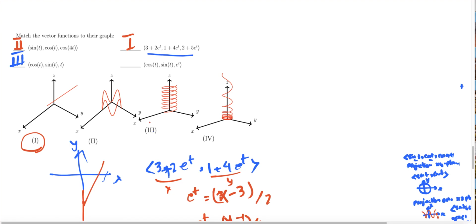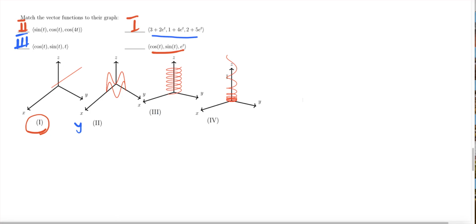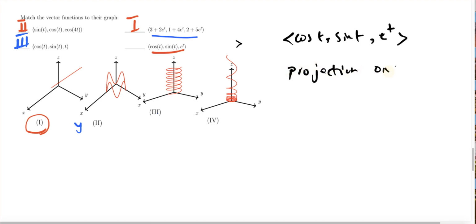Let's try this last one. For the last one, which is cosine of t, sine of t, e to the power t, the projection on the xy plane is again cosine of t, sine of t, which is a circle.